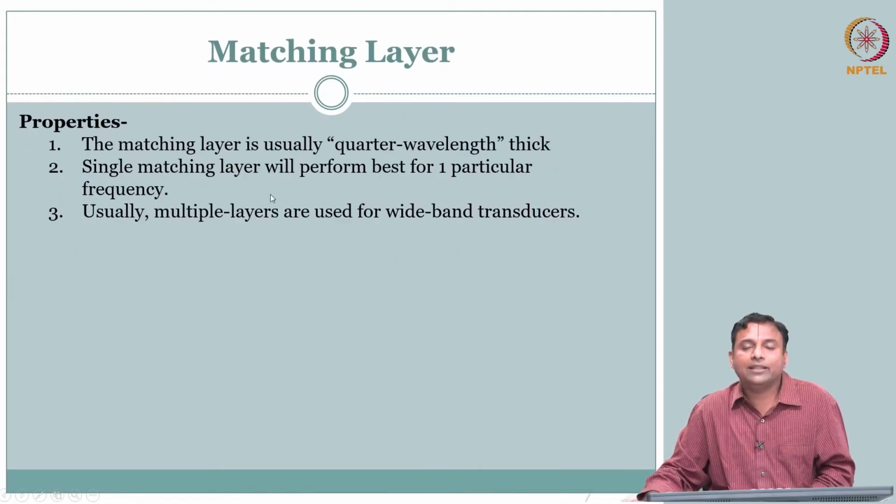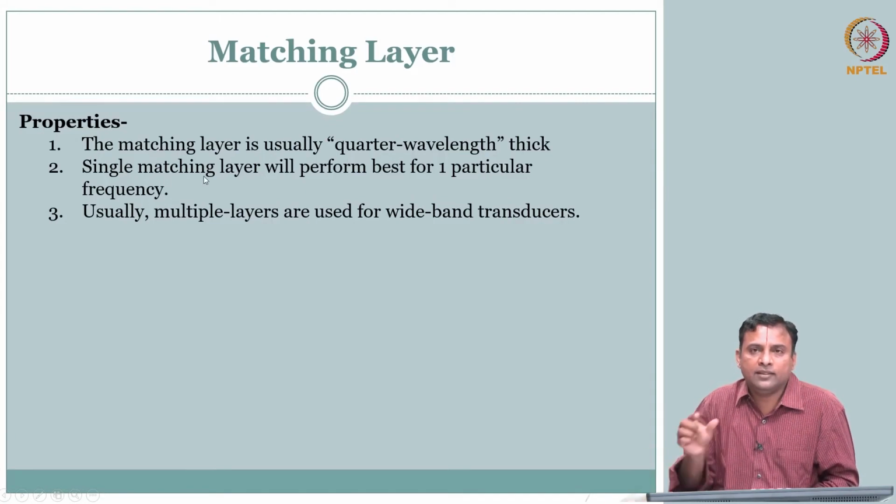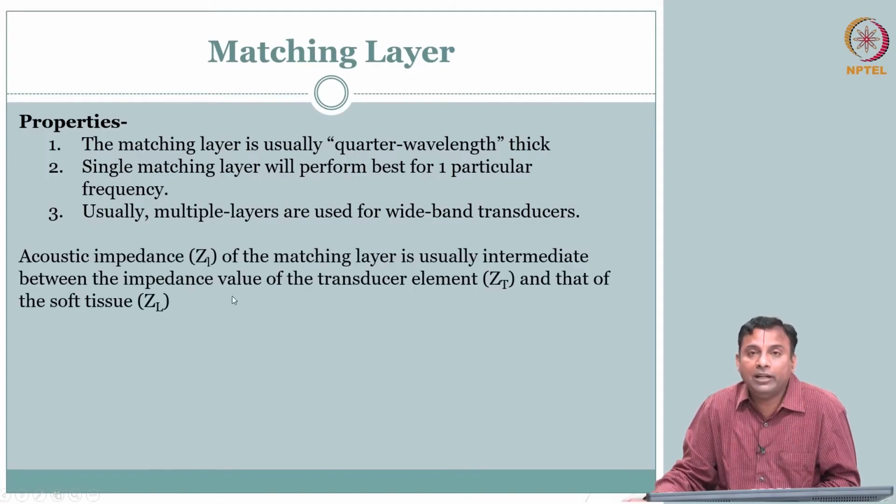Okay. So this matching layer is usually a quarter wavelength, and of course we talked about this distance, right, thickness related to frequency. So clearly when you say quarter wavelength, that means if you have one frequency, you have one wavelength. So it is probably efficient only for that particular frequency. In reality, we have wide bandwidth signals. So you may have multiple layers. Okay. So when you have multiple layers, they engineer the Z effective, right.